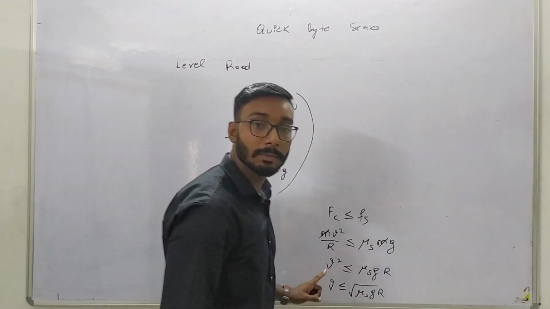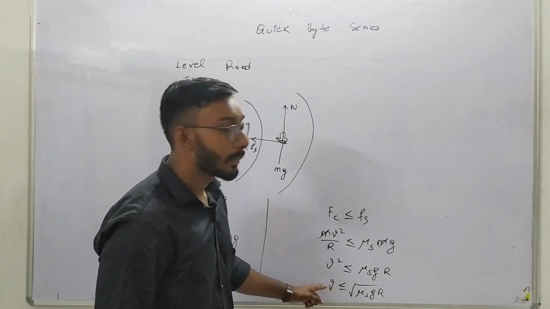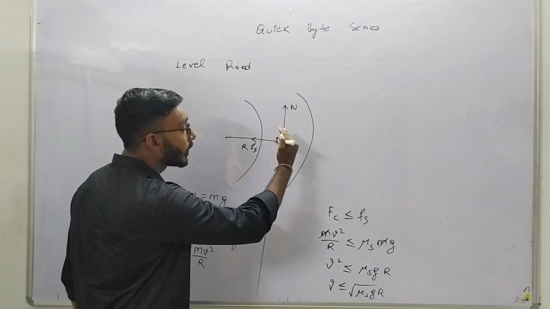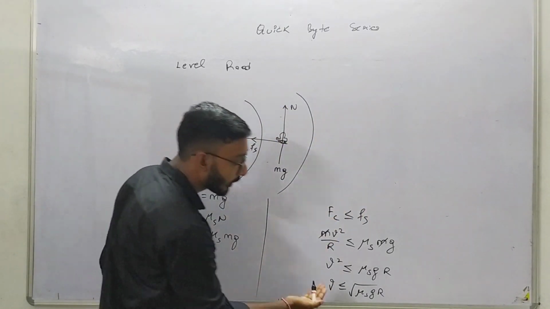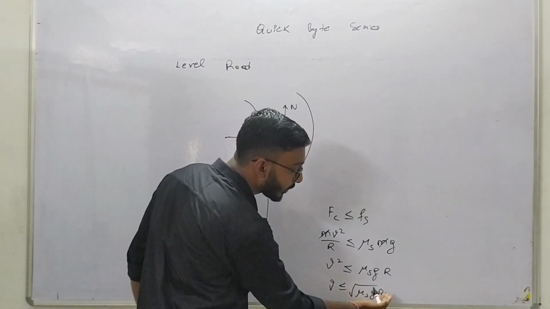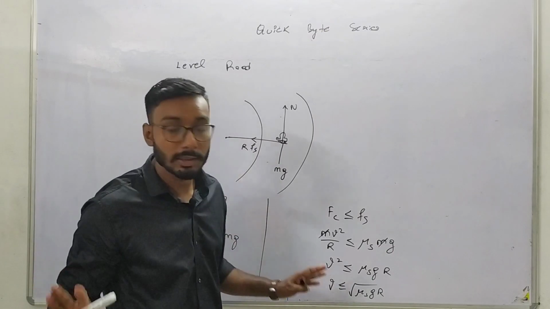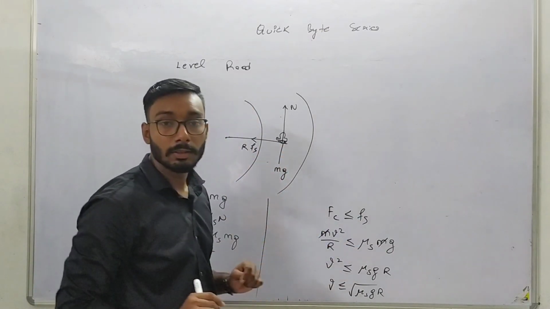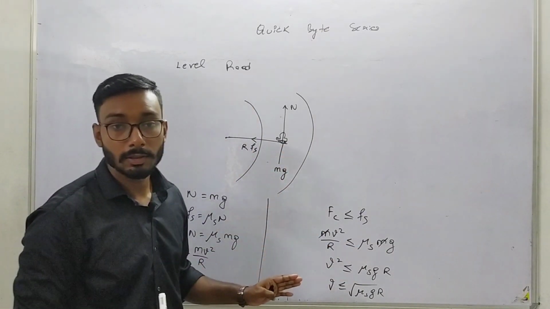This is the maximum speed at which the car can take a turn without skidding out of the road. It depends on the coefficient of static friction, the gravity and the radius, but it doesn't depend on the mass of the vehicle. So this was for a level road.